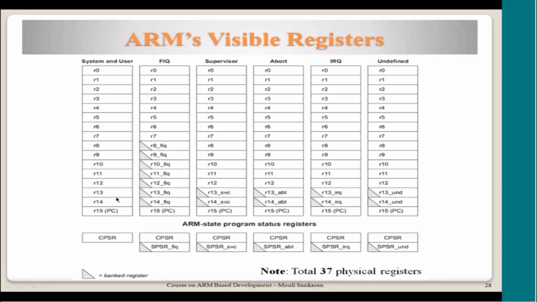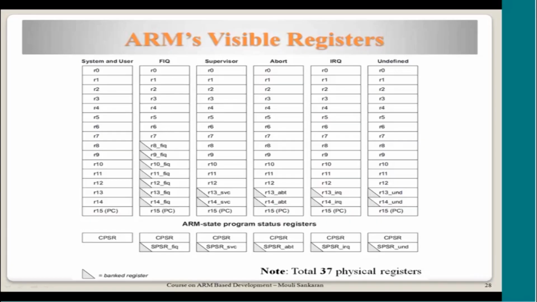Actually, in the FIQ mode, if you say R8, it will be accessing this, not this register. So in the FIQ service routine, if you write MOV R8, 100, the 100 is written into this register, and the original content of this will not be displayed. Based on the mode in which you are, you will be accessing those special registers with this name.